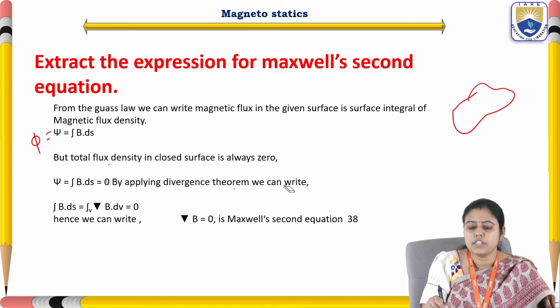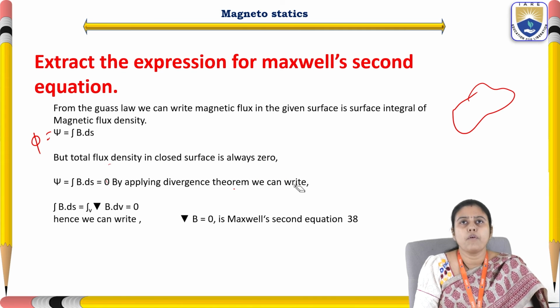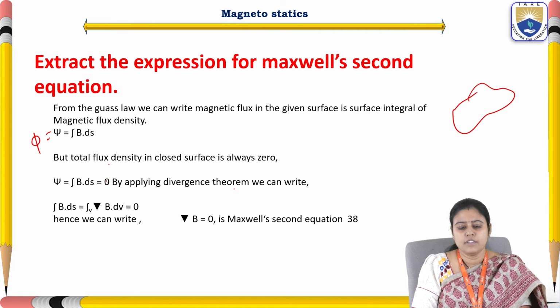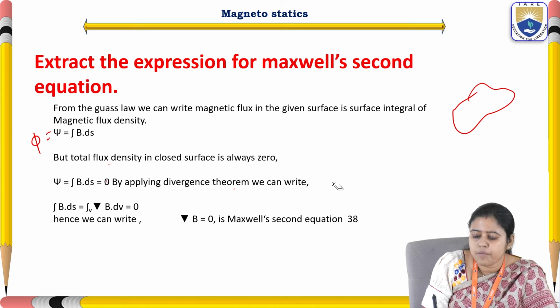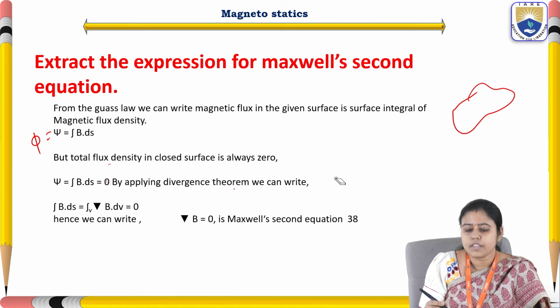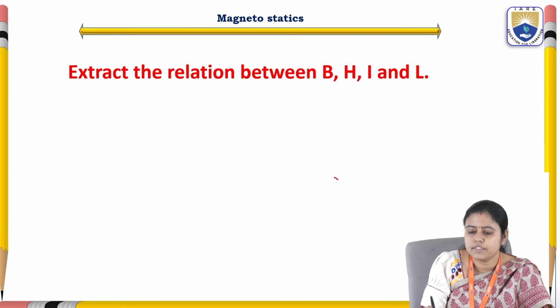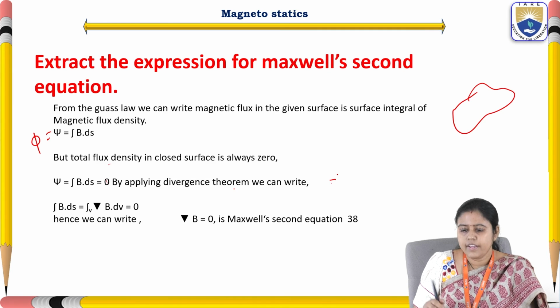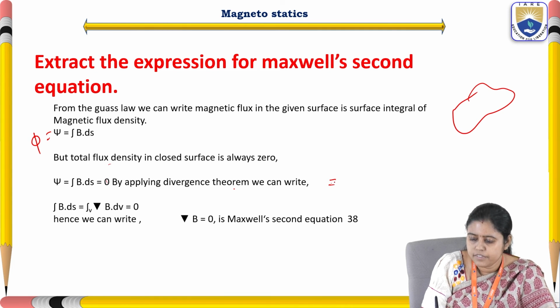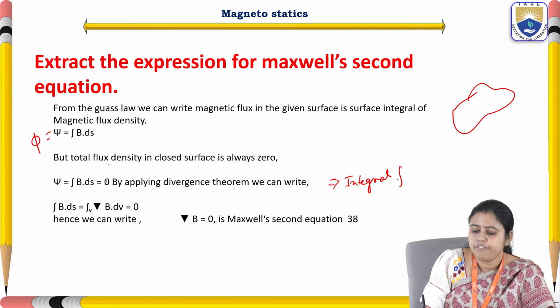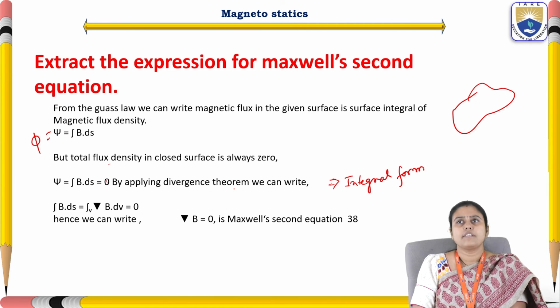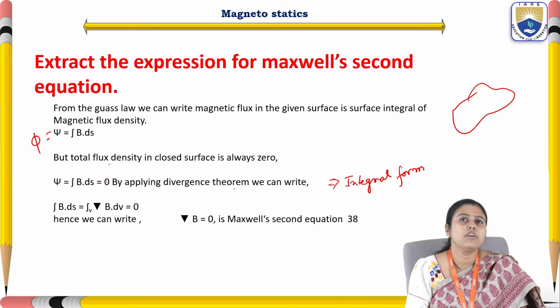So B dot ds is equal to 0 is the integral form of Maxwell's second law.